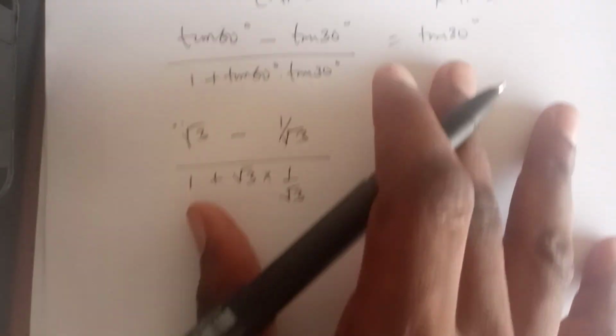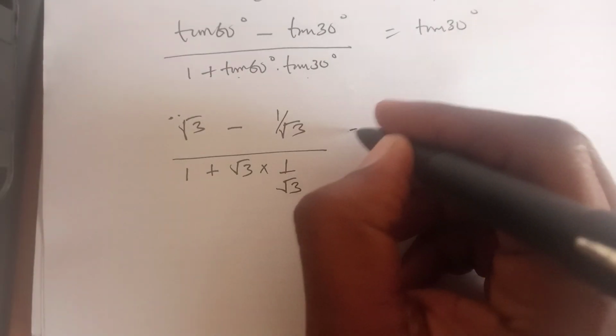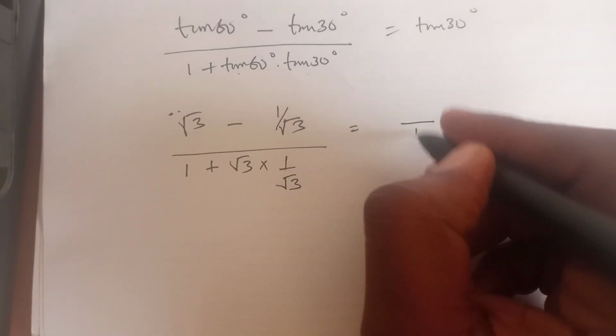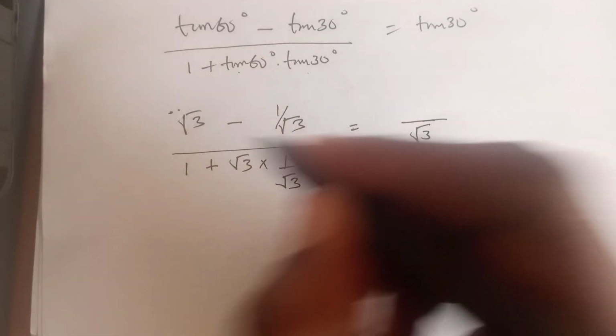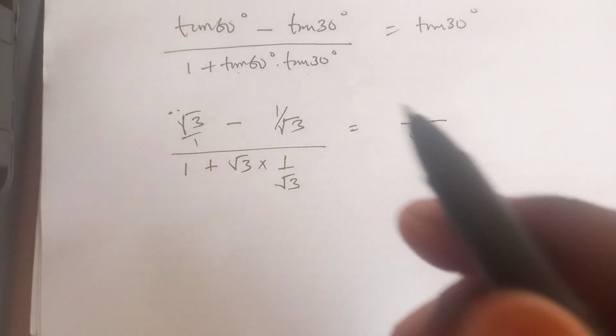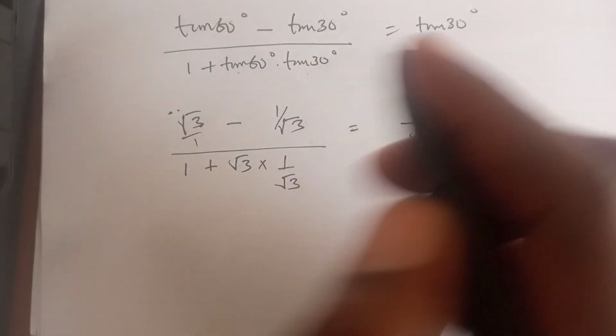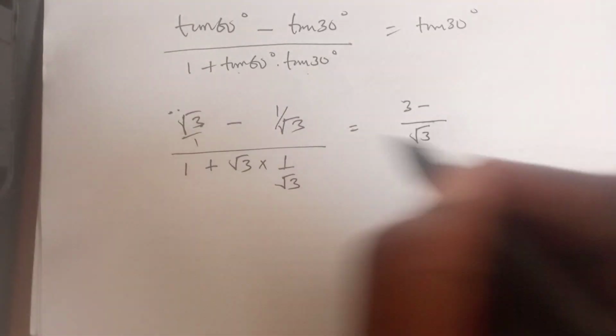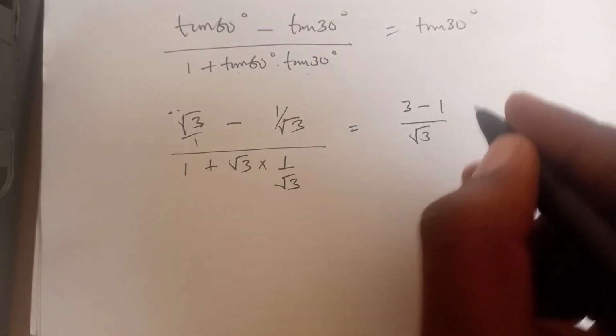So what's root 3 minus 1 over root 3? We make the same denominator of root 3 here: root 3 times root 3 is 3, minus 1, over root 3.